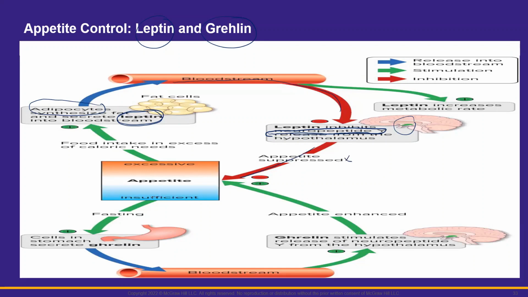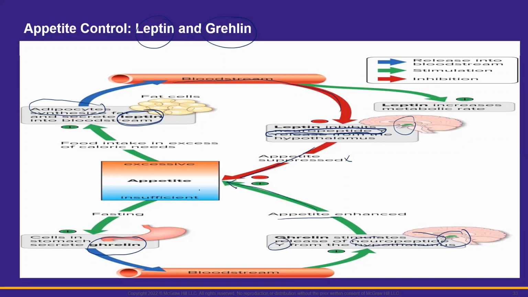Now, what happens if we do not eat? When we are fasting, the stomach will produce the hormone called ghrelin. The ghrelin is carried by the bloodstream into the hypothalamus, and this ghrelin stimulates the production of neuropeptide Y, and then neuropeptide Y enhances the appetite.